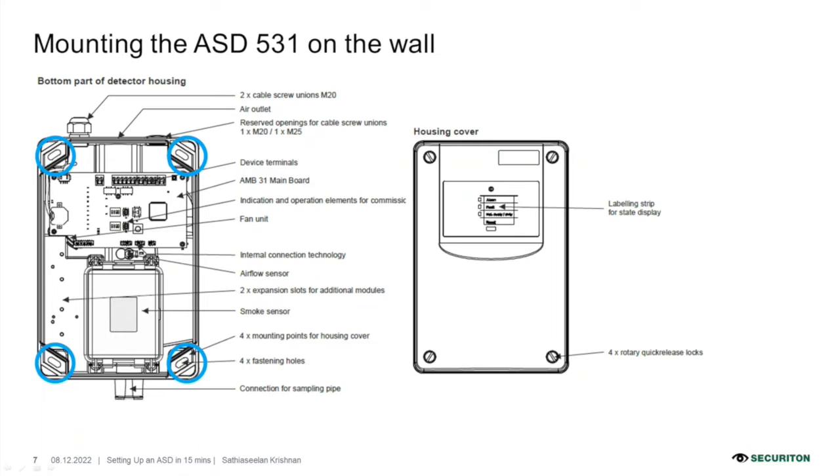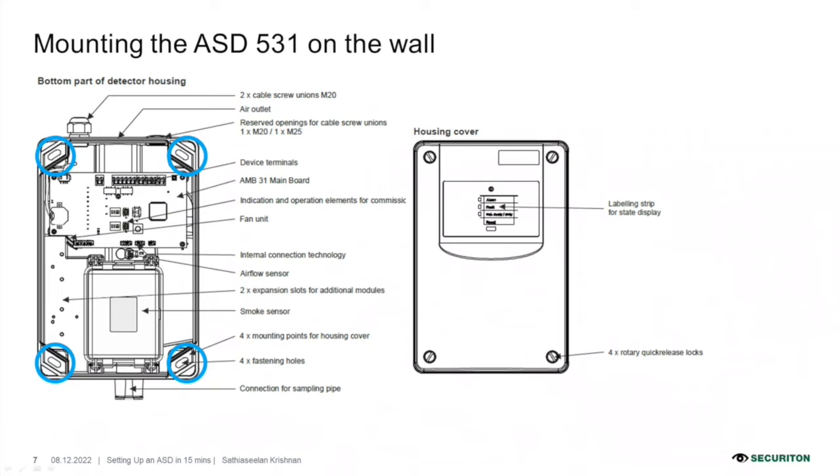And here you have the indication and operation elements as well on top of it. And here there is no 7-segment display to show what is going on. As I mentioned earlier, this is a simple unit whereby it works only with reed switch and toggle switch settings available on the board.